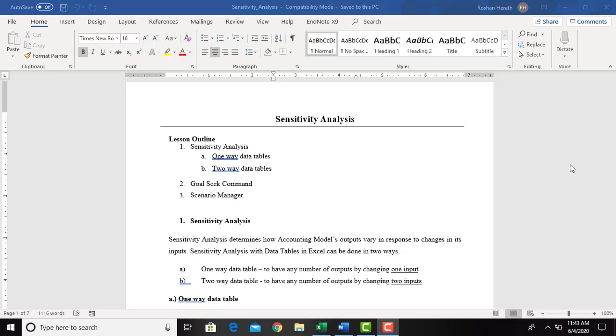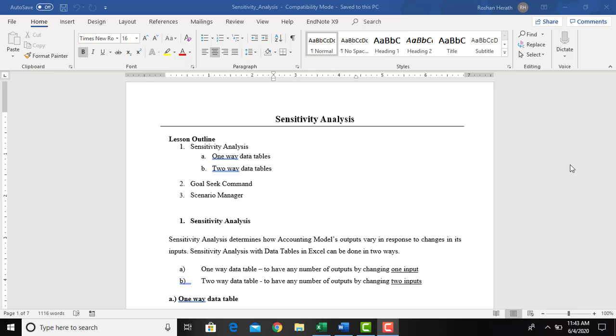For example, in a given model, let's say that you have the information on selling price and also the cost information. Together with that, you can work out the profit. In such a situation, you might be interested to know, when there is a change in the selling price, what would be the effect that it has on the profit.